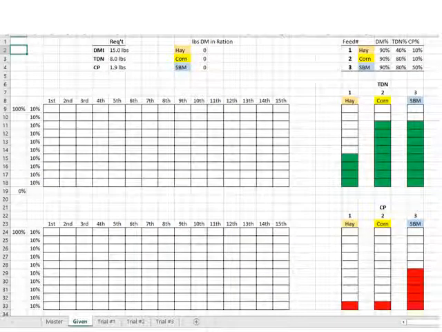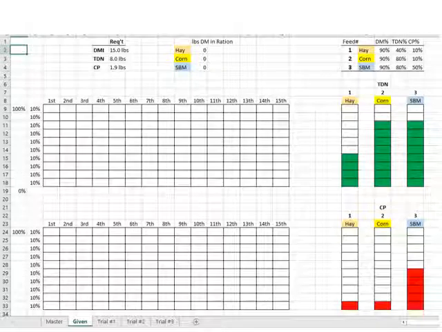So let's do it graphically, drawing figures this way. So I have my inputs. Up top here to the left, I've got my requirements. I've got 3 nutrients I need to balance for: dry matter intake, 15 pounds; TDN, 8 pounds; crude protein, 1.9 pounds.